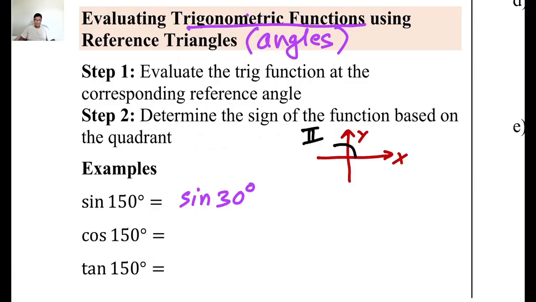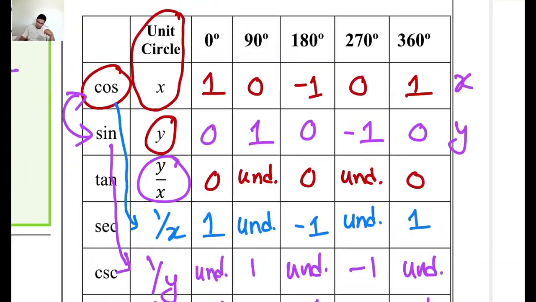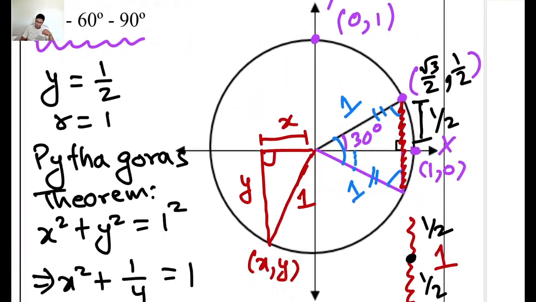Okay, in the second quadrant, the y values are positive, right? Remember, sine is y coordinates. Okay, and that is positive. So you leave it at plus sine 30 degree. And what is the value of sine 30 degree? That is the y coordinate at 30 degree. For that, you have to go back to the previous page at the bottom.